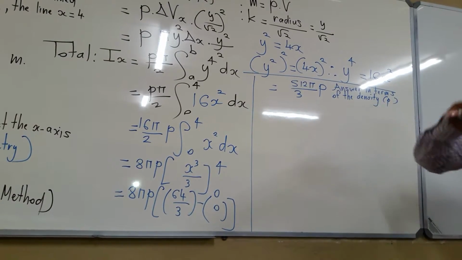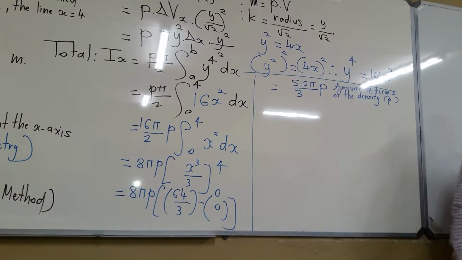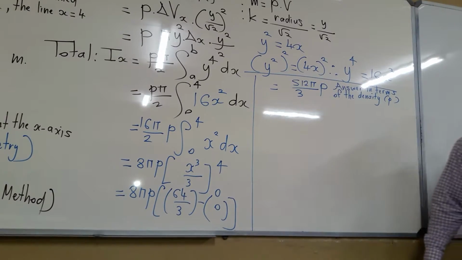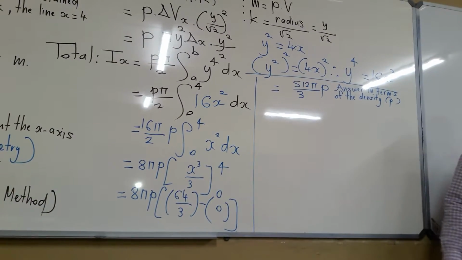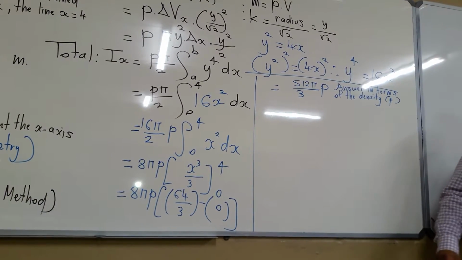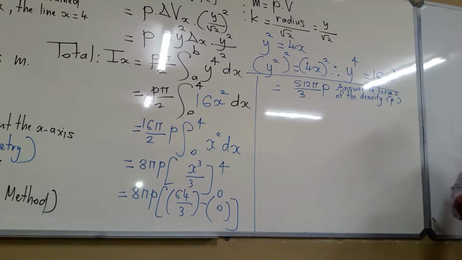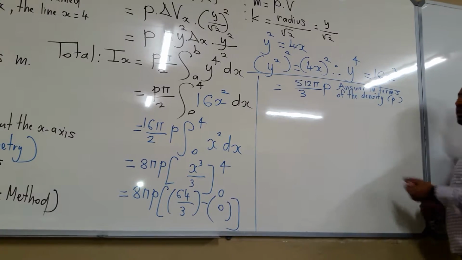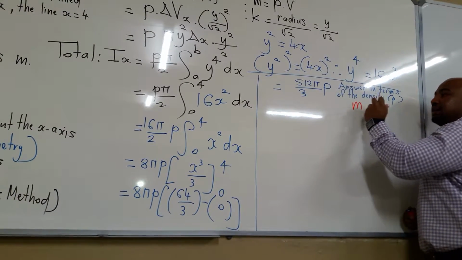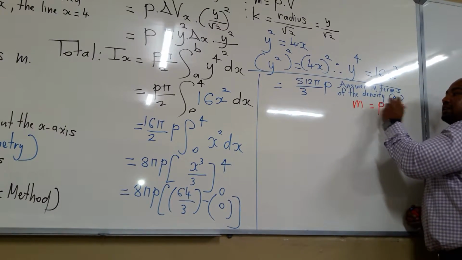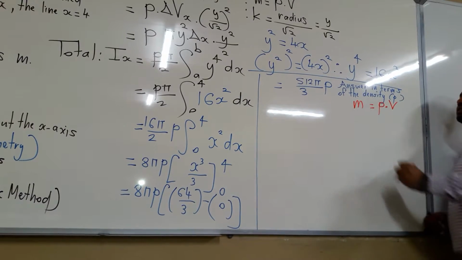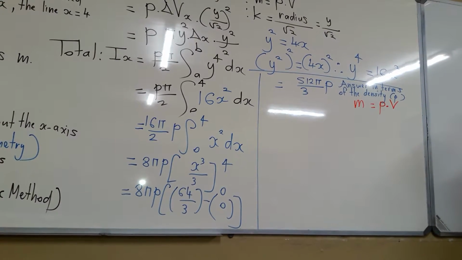So your answer in terms of the density p, what did the question state? Express both answers in terms of the mass M. So what do we know? We know that mass is equal to the density times the volume.